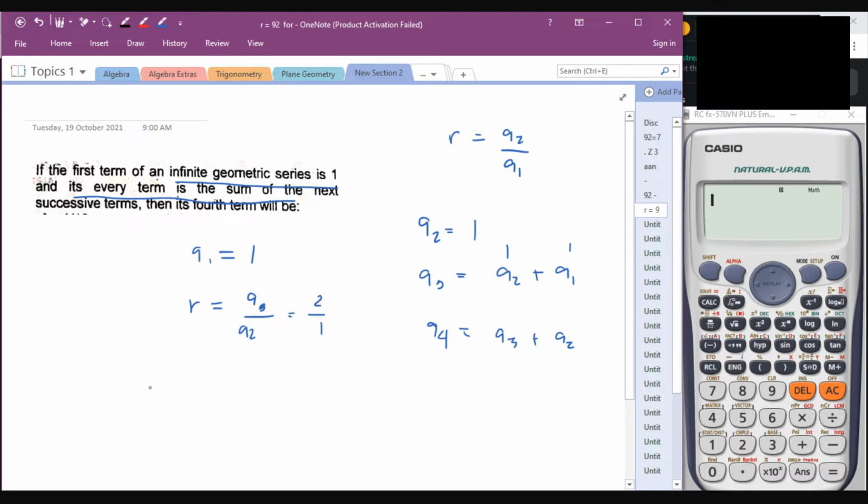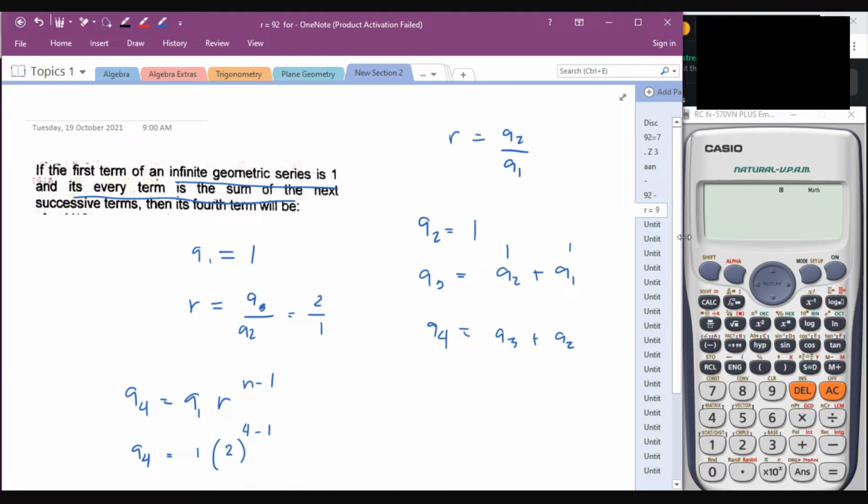Hanapin natin si fourth term. So, the fourth term will be A1 times R raised to N minus 1. So, A4 will be 1, the common ratio there is 2, raised to N minus 1, 4 minus 1.